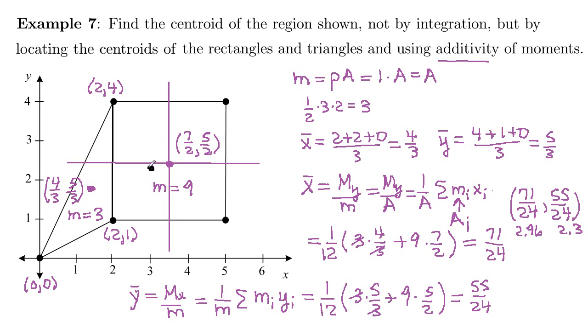So that is our balance point for this entire region of uniform density. We didn't have to do any integration to get that. Additivity of moments here: we're adding the mass of each region times the x-coordinate of the centroids to get the x-coordinate of the centroid of the total region, and then the masses times the y-coordinates of the subregions to get the y-coordinate of the centroid.